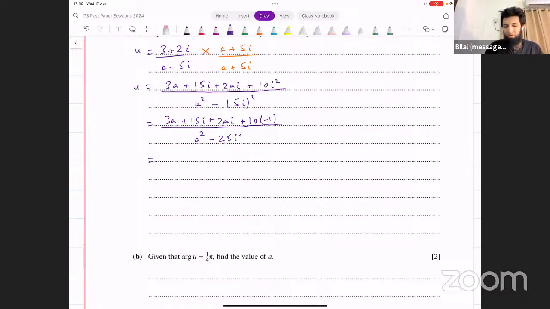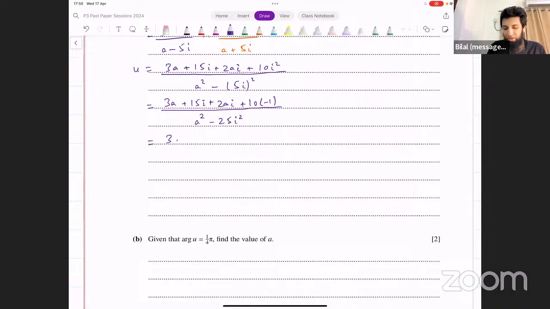In the numerator, write the real terms together and imaginary terms together. Now, whatever terms do not have any iota, they are real. The terms that have iota, they are imaginary. So write those two types of terms separately. So you can write 3a minus 10 separately. That's the real part.